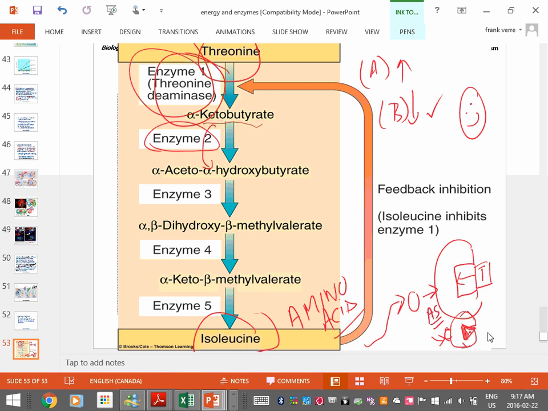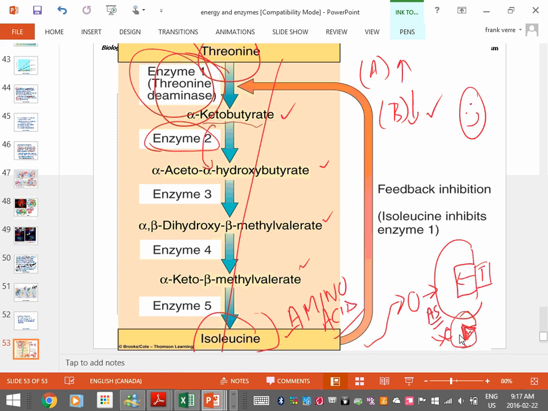And if you switch off the first enzyme, you can't make this, which means this enzyme can't make this, which means you can't make this, which means you don't make this, which means this whole thing is shut down. Until you run out of isoleucine.